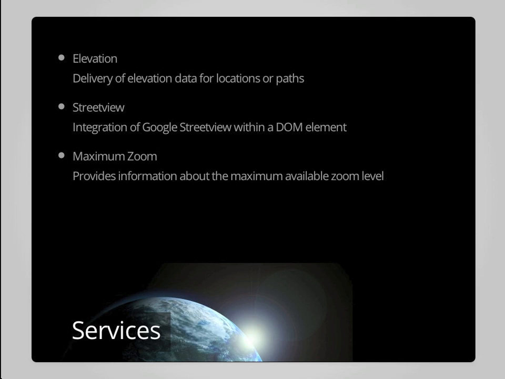Google also provides an elevation service where you can provide either a single location or a path, and Google will then return to you a data object that represents the elevation for either that single location or the path.